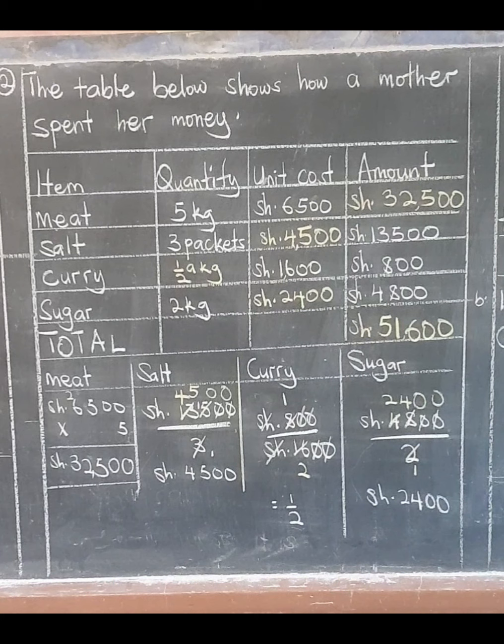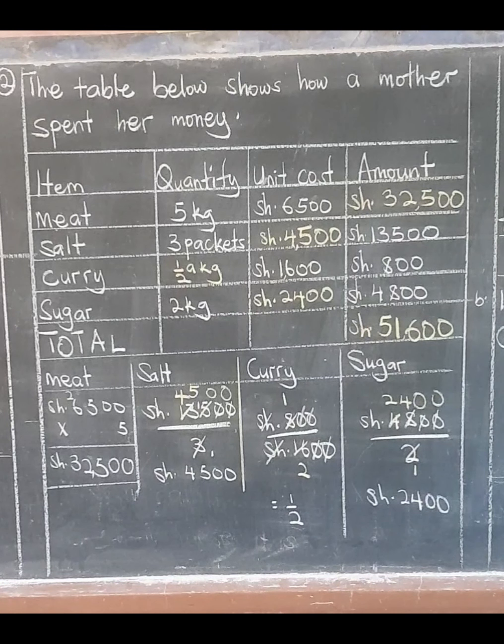When we arrange this number vertically, we begin by saying 13 divided by 3 gives us 4, remainder 1. The remainder is put in front of the 5 and we make 15. Then 15 divided by 3 gives us 5. Then 0 by 3 gives us 0 and 0 by 3 gives us 0. Therefore, our answer becomes 4,500 shillings. Don't forget to take your answer and fix it into the table.